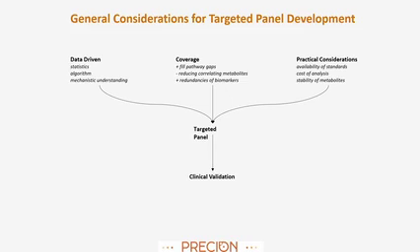The other is the coverage. As I mentioned earlier, are we missing any really important metabolites, especially metabolites that may already be measured in clinical samples using other technologies? We need to take all of that into consideration when we design a targeted panel for creating a method.